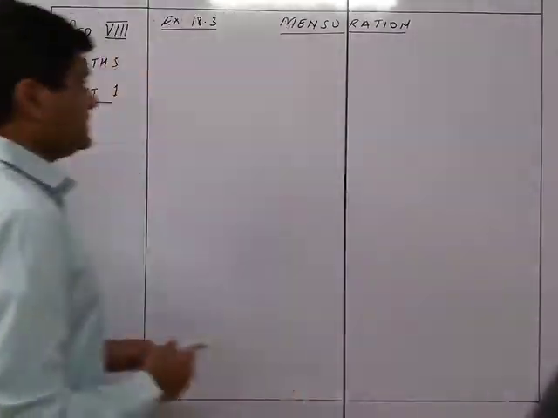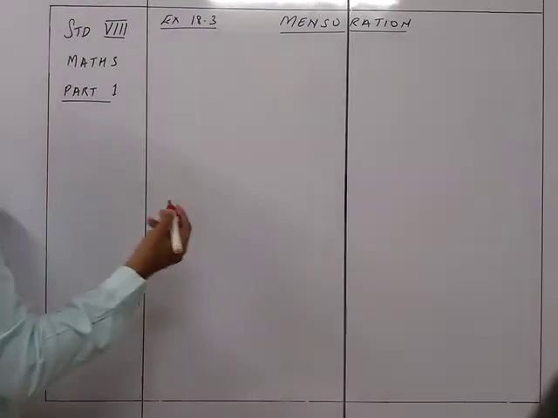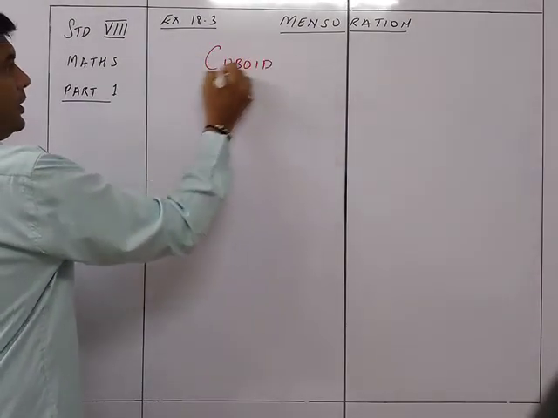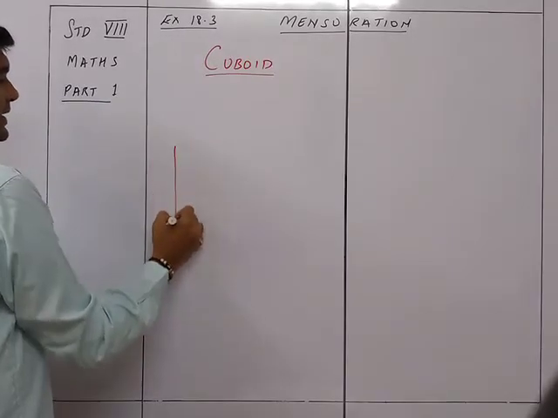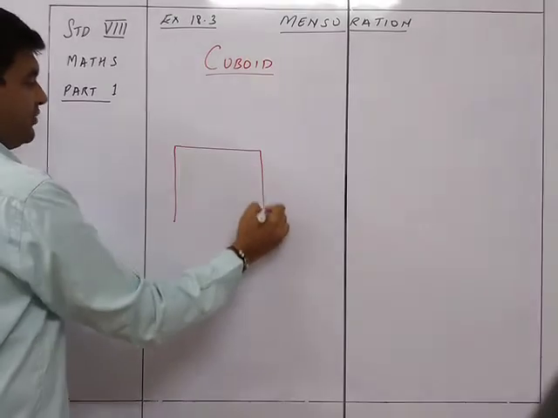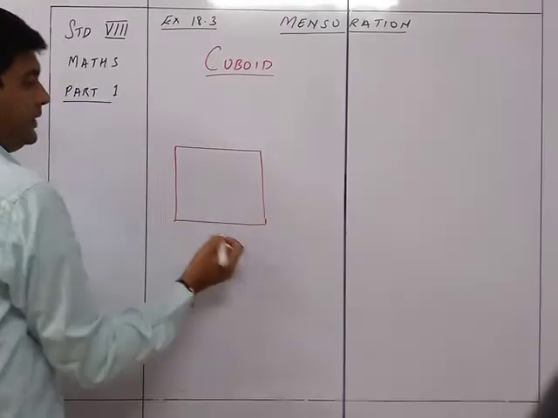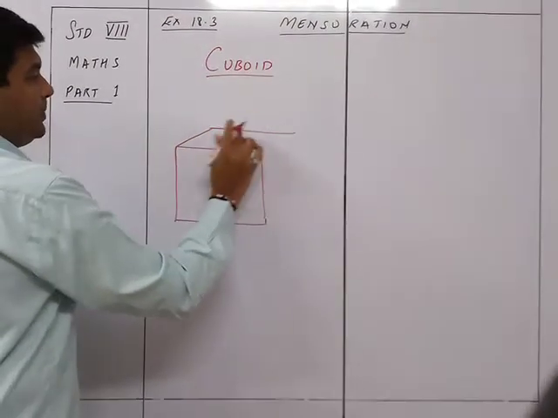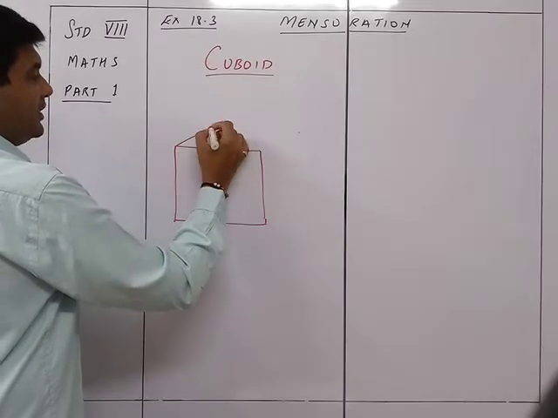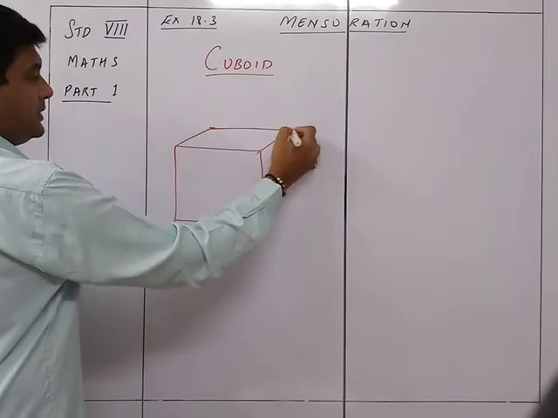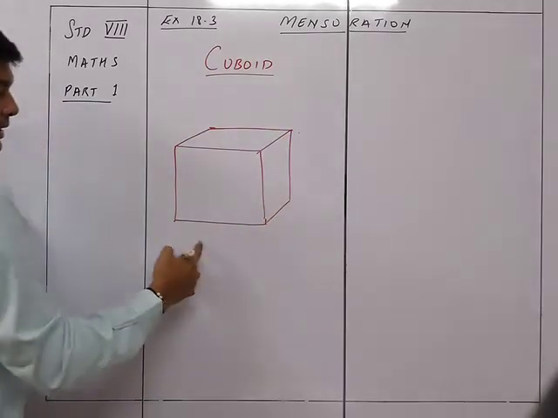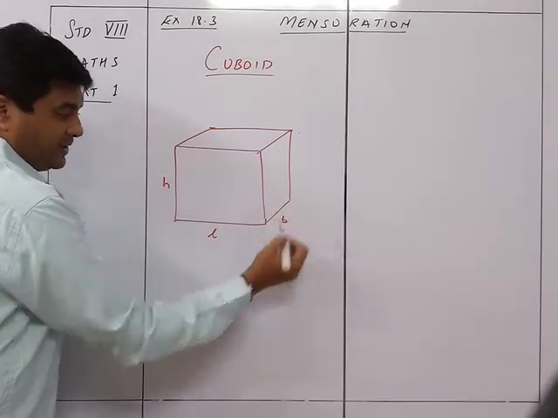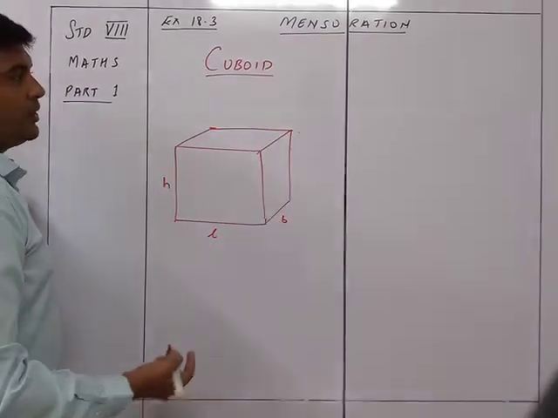So first thing is, let's understand what is the difference between a cube and a cuboid. If I take a cuboid, it will be a three-dimensional figure such that this is the length, this is the height, and this is the breadth of that particular cuboid.